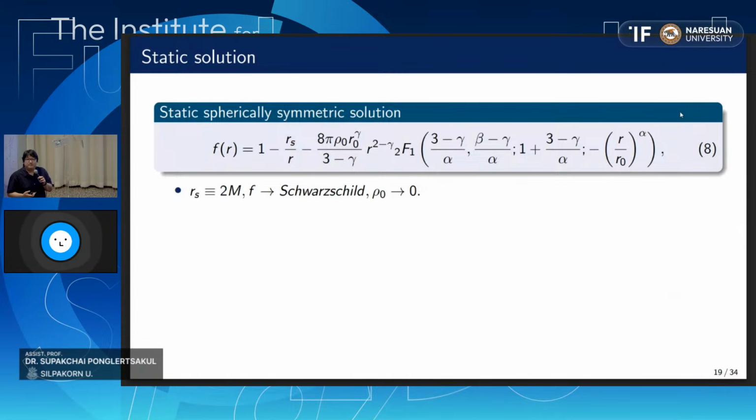The last term is just the contribution from the dark matter, far away from the horizon, so that you recover Schwarzschild.